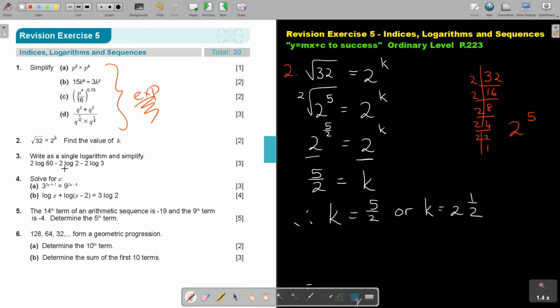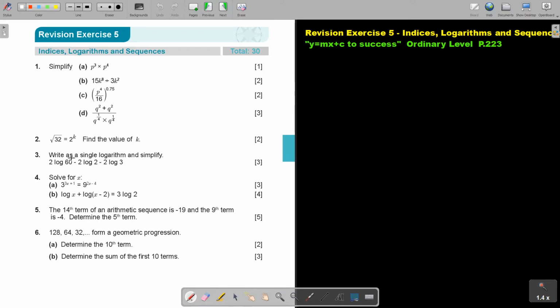I will show you also how to do it with logs, but first I must revise logs. So I think it's now time to revise logs. And again, just know your laws, know your rules. Now let's go back to logs. On this level, they will just ask with a base of 10. On AS level, we will take it a bit further, but for now, just know the base of 10.